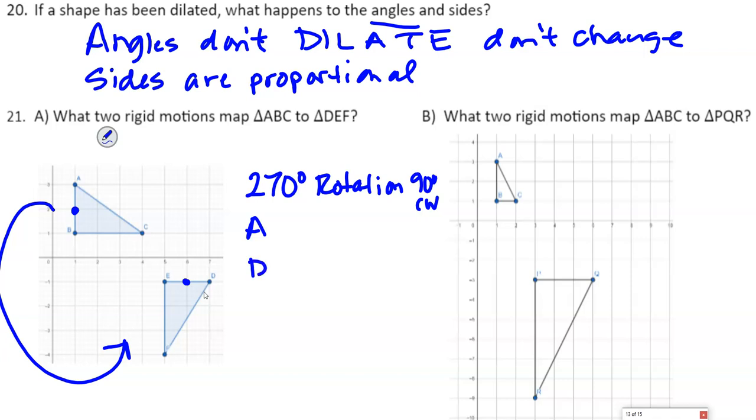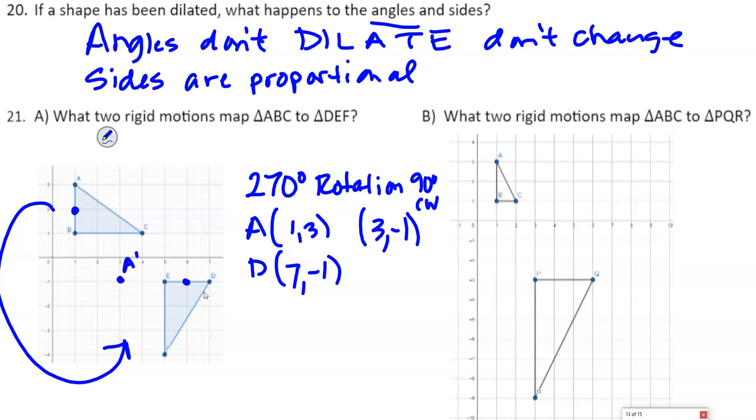Because if we rotated A and it is 1, 3, and now D is 7, -1, we didn't just change the name, did we? Something more happened. So if we just rotate this, it becomes 3, -1, doesn't it? Okay. So if it becomes 3, -1, it would be right there.